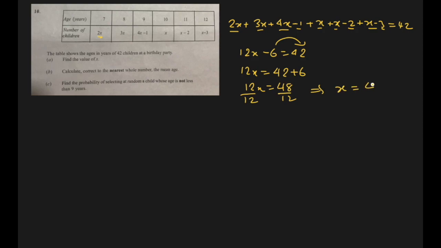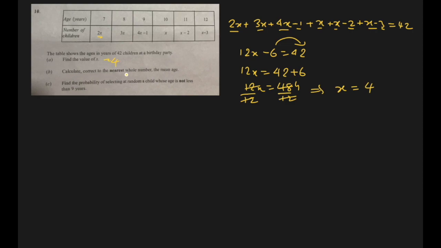Minus 1, minus 2, minus 3 gives minus 6, equal to 42. Let's bring this 6 to the other side: 12x equals 42 plus 6. 12x is 48. Divide both sides by 12 and that gives x equal to 4.